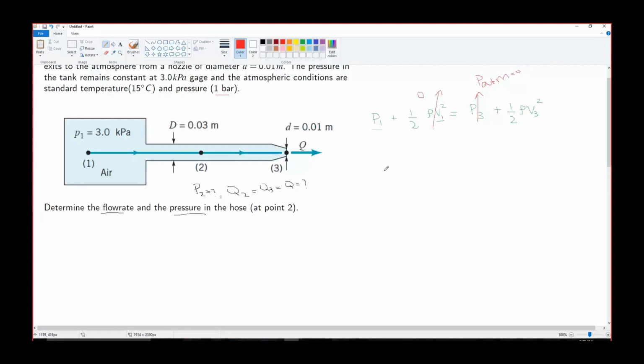So we can write V3 equals the square root of 2P1 divided by rho. So what is P1? 3 kilopascals. What is rho?